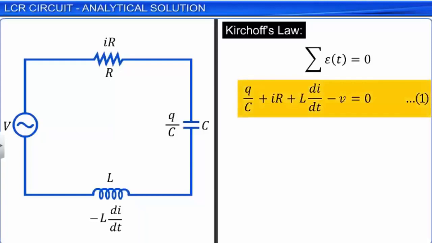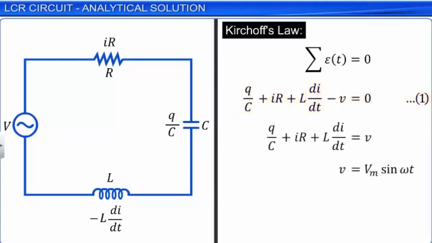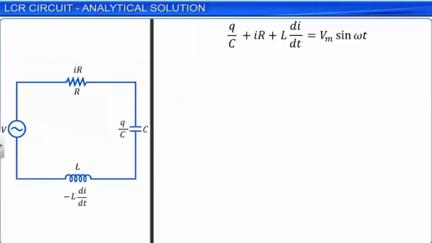Since V is equal to Vm sin omega t, we get Q by C plus IR plus LdI by dt is equal to Vm sin omega t. We know that the instantaneous current I is equal to dq by dt.